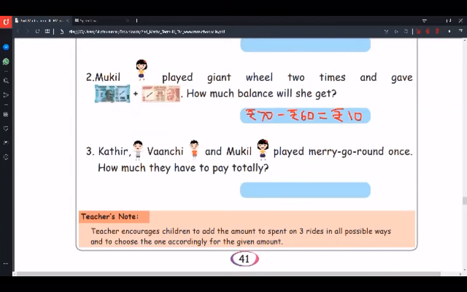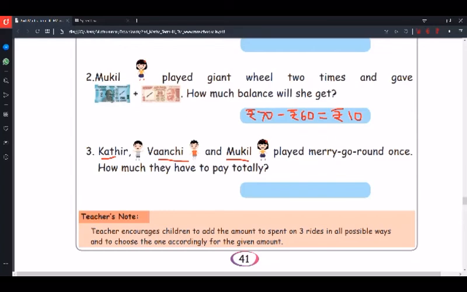Kadir, Vanchi and Mukil played merry-go-round once. How much do they have to pay totally? So, Kadir, Vanchi and Mukil played merry-go-round. Merry-go-round, how much does it cost? It is 20 rupees, isn't it? You can see your textbook. Okay, it is 20 rupees.